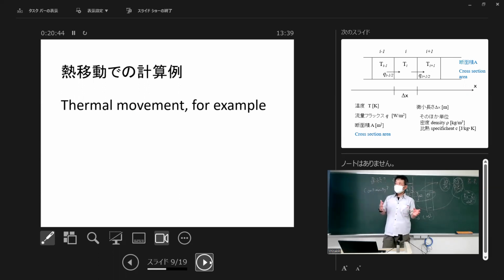This is very similar to the soil water movement, but the heat transfer has no unsaturated situation. Soil water movement has the saturated and the unsaturated water movement, but in the thermal movement there is no unsaturated situation, but it's very similar. So first of all, let's think about the thermal movement for example.